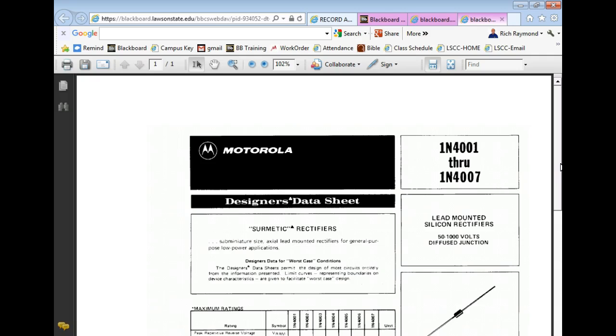That makes sense? These are open technology diodes. If they're open technology, that means anybody out there that makes semiconductors can make a 1N914 and not have any problem, and they can make a 1N4001. This data sheet is open technology.